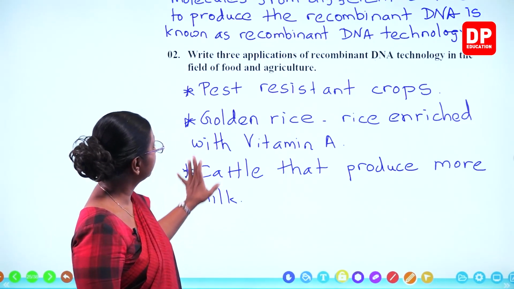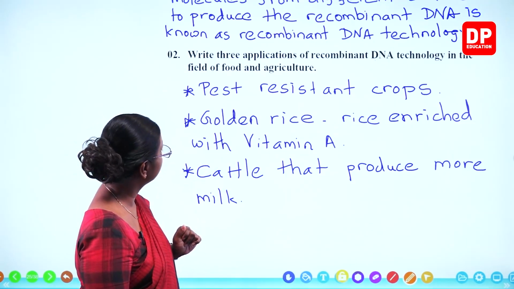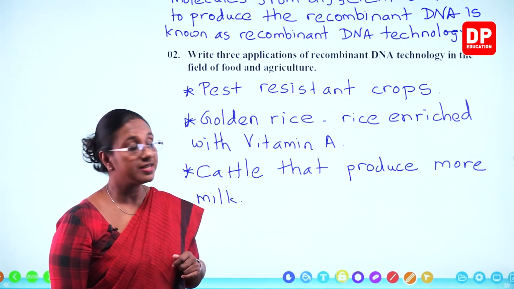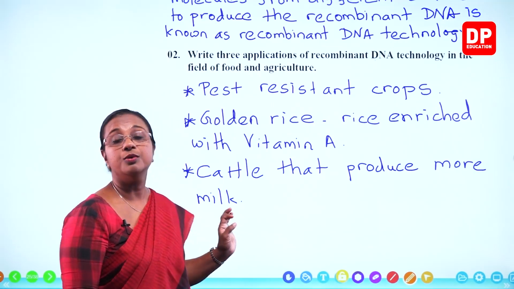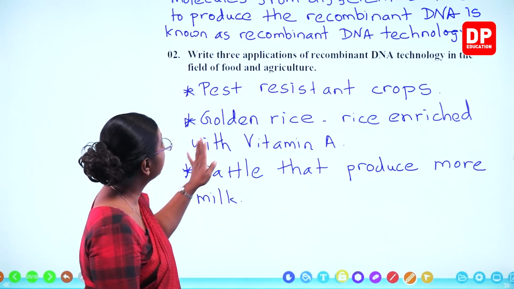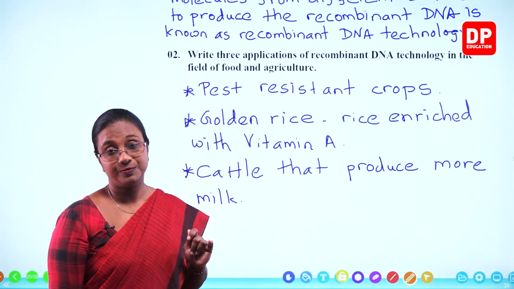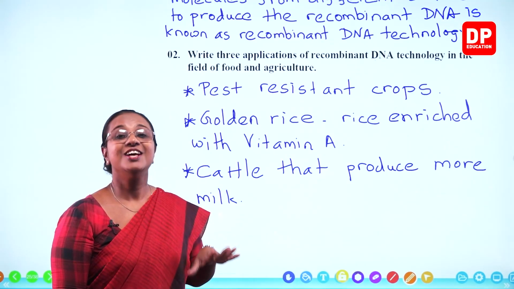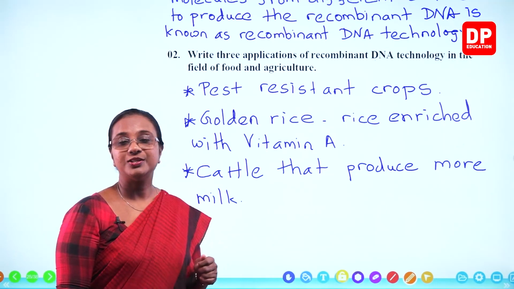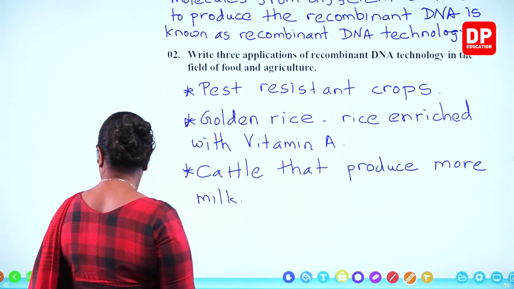So I have given you the answers. Pest resistant crops, golden rice, that is rice enriched with vitamin A, and cattle that produce more milk. That is in the field of agriculture and food. I am sure you also have written correct answers. So with that, students, we'll move on to the next question.